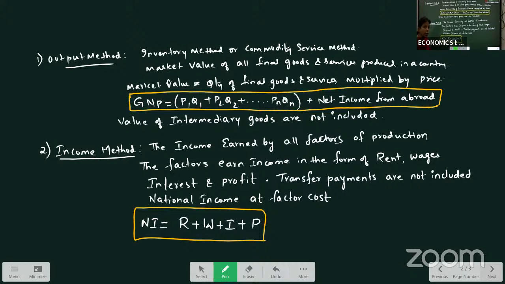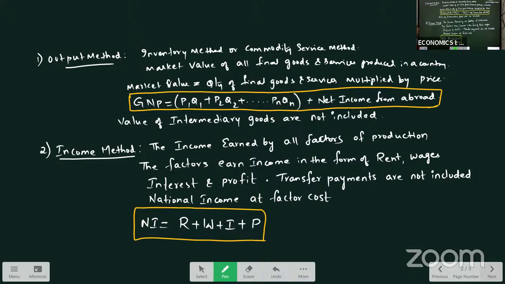Net income, how we are getting? Exports minus imports. Okay, then next you have, and one more point you remember, value of intermediary goods are not included. You have to write that point also. Only final goods are included. Intermediary or semi-finished goods values are not included.